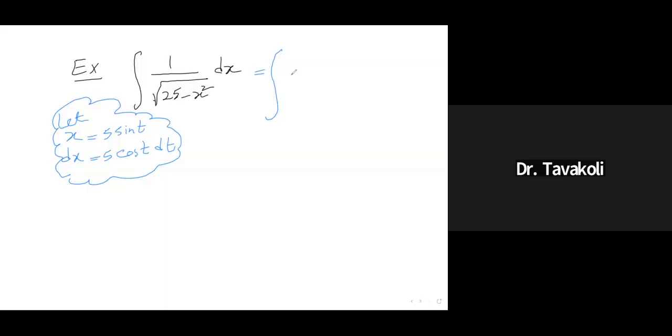So this is going to be the integral of 1 over radical of 25 minus 5 sine t, then squared, and dx is 5 sine t dt.